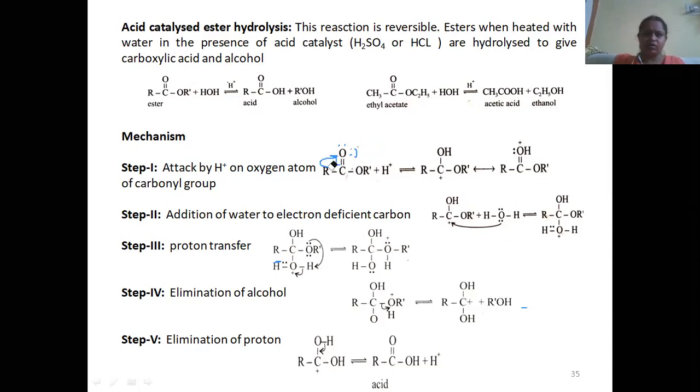Since there are 2 lone pairs of electrons, one lone pair will take up this hydrogen forming OH. Again it will create an electron deficient site on the oxygen.